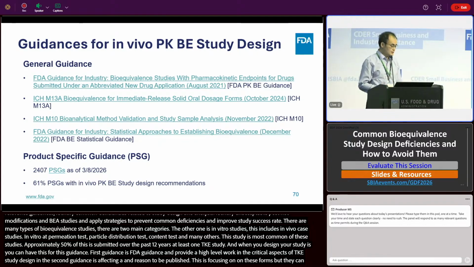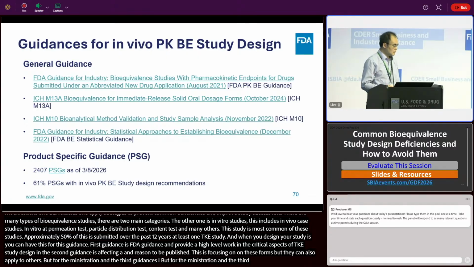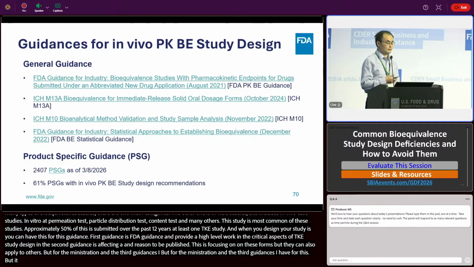The third guidance is ICH M10, which recommends how to develop your bioanalytical method and how to validate it. The fourth guidance is the FDA BE statistical guidance.